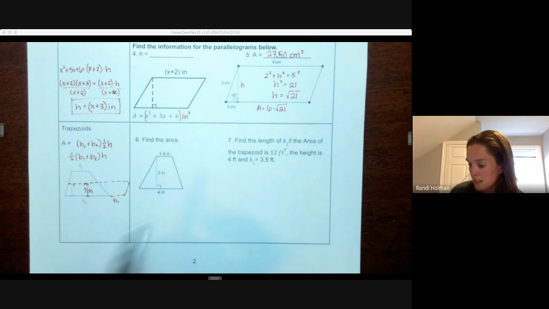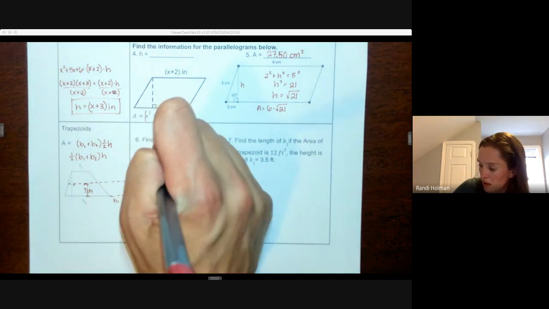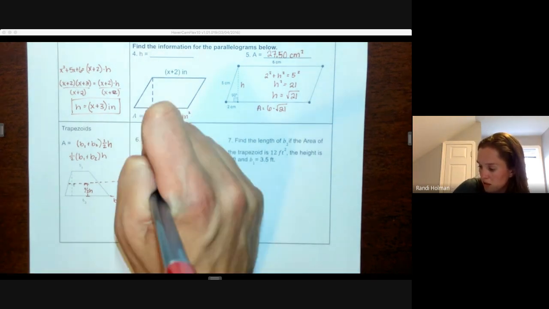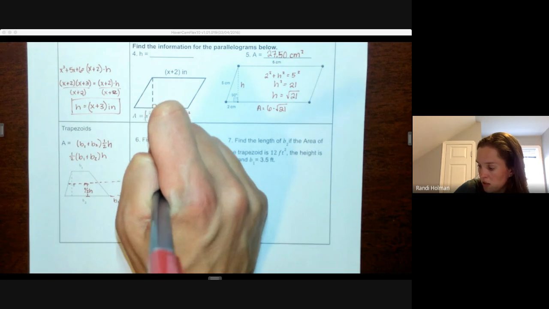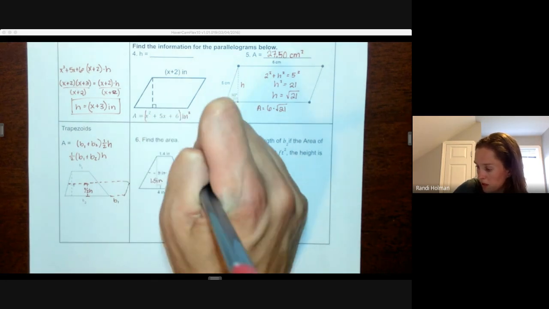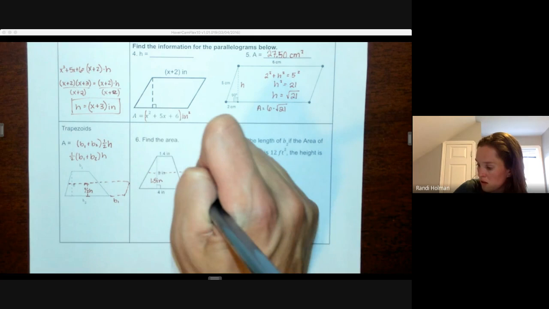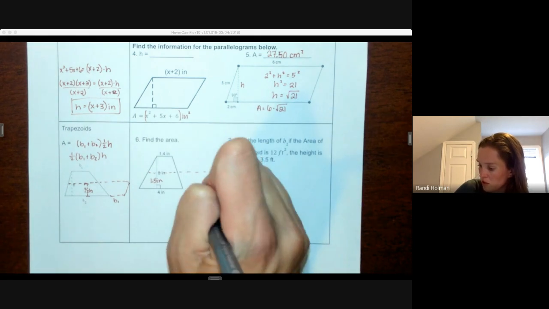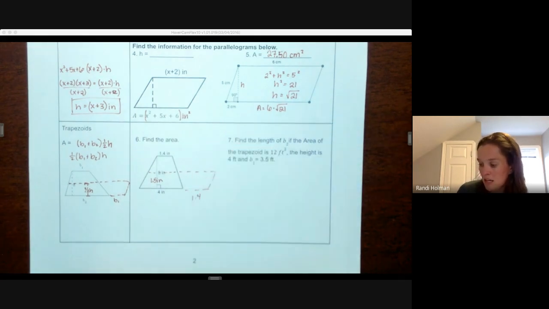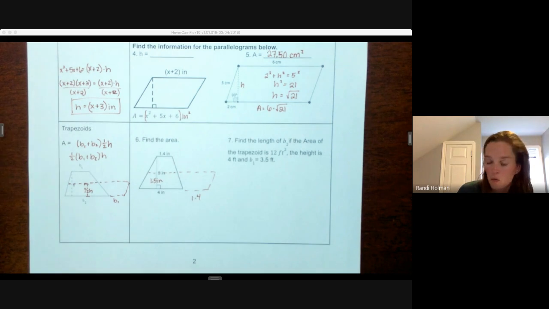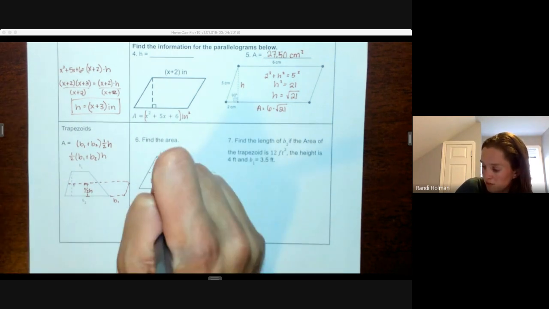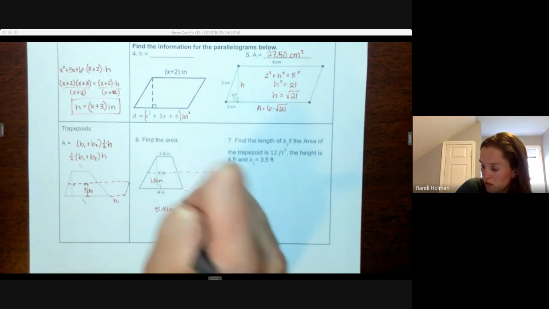So if we want to find the area of this trapezoid, again, we're going to think about cutting it in 1/2. So this is 1.5 inches. We're flipping it over here. So this is 1.4 inches, which means this whole base of my parallelogram is 4 plus 1.4, which is 5.4 inches.